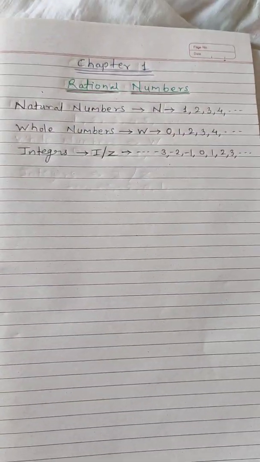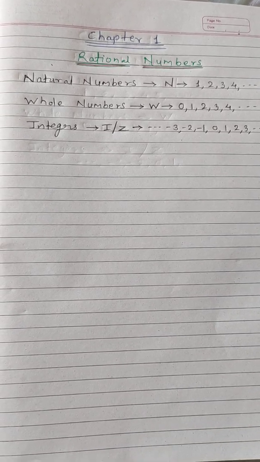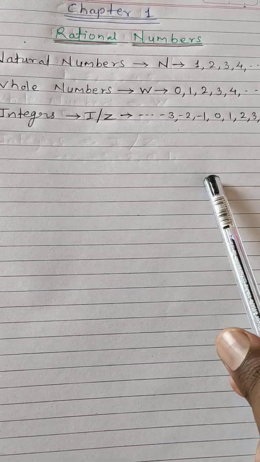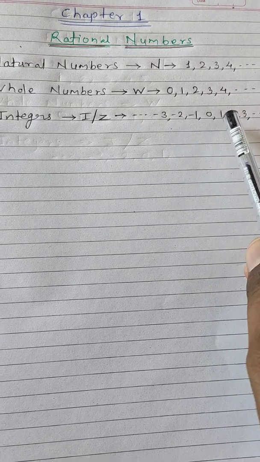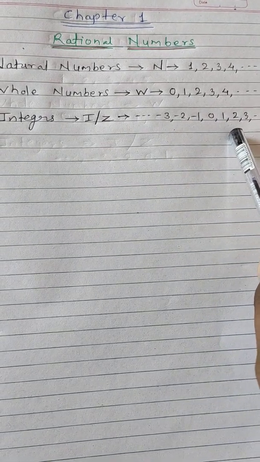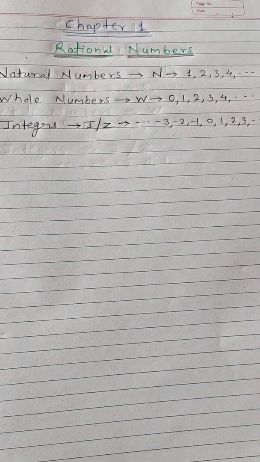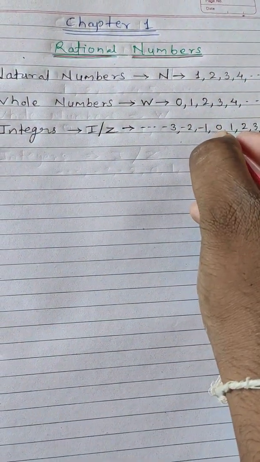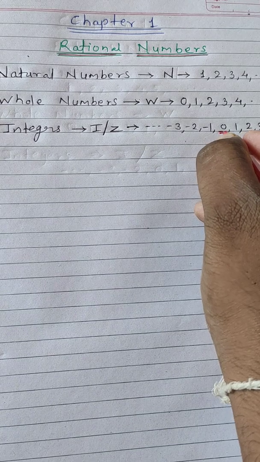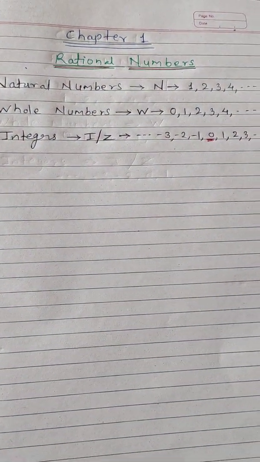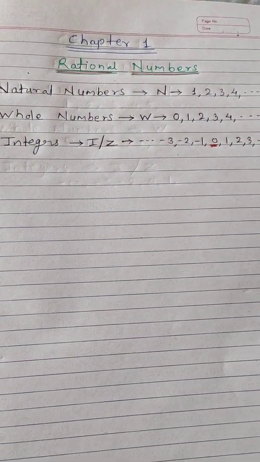So if anyone asks you what is the meaning of integers, what should be our answer? Negative numbers, 0 and positive numbers. Remember students, 0 doesn't have any sign. Remember this, it is neither positive nor negative.